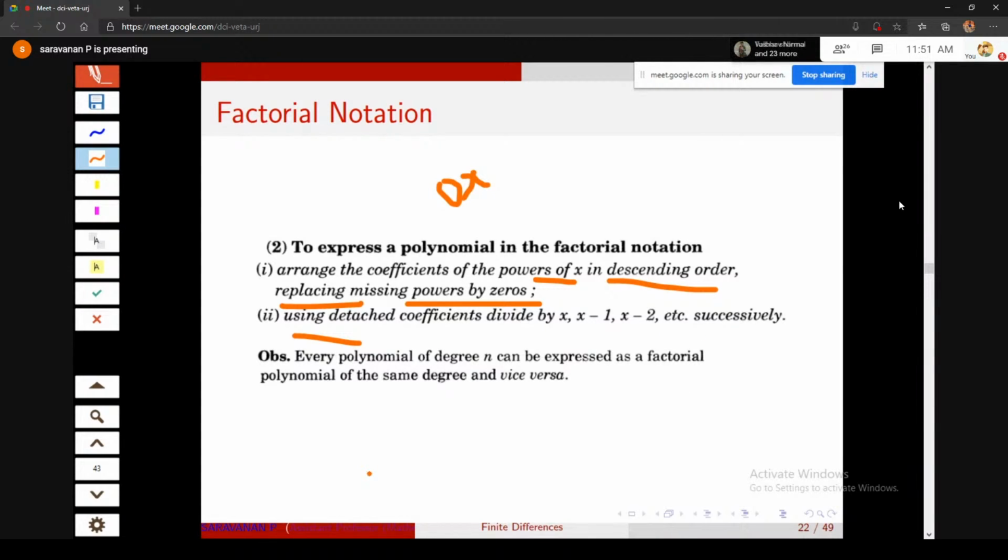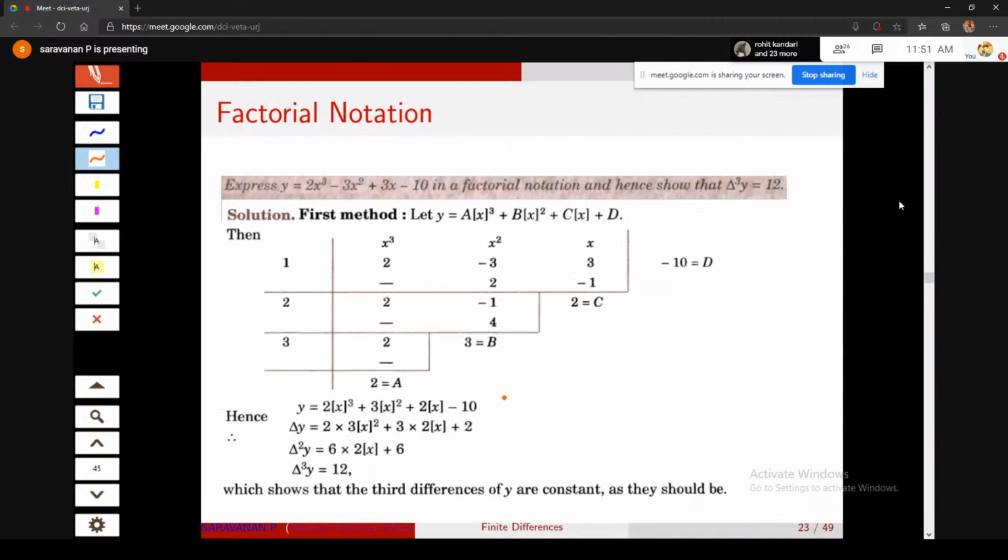So every polynomial of degree n can be expressed as a factorial polynomial of the same degree and vice versa. So if you express a polynomial of degree n in terms of factorial notation, that polynomial also will be of the same degree. Okay, so this is the first method.